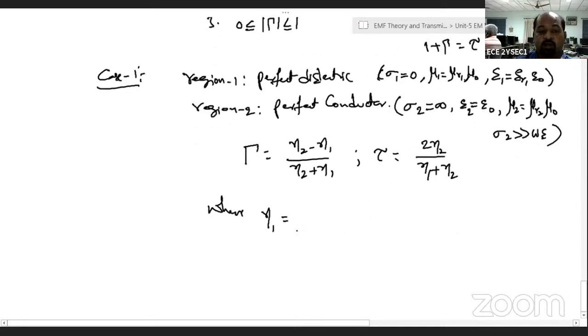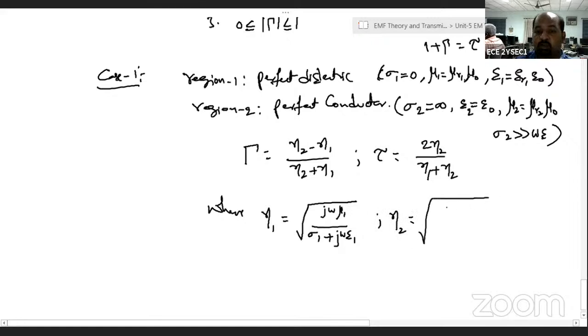So therefore intrinsic impedance is root over j omega mu 1 divided by sigma 1 plus j omega epsilon 1, and similarly eta 2 is equal to root over j omega mu 2 divided by sigma 2 plus j omega epsilon 2, right? So this is the expression for the intrinsic impedance.